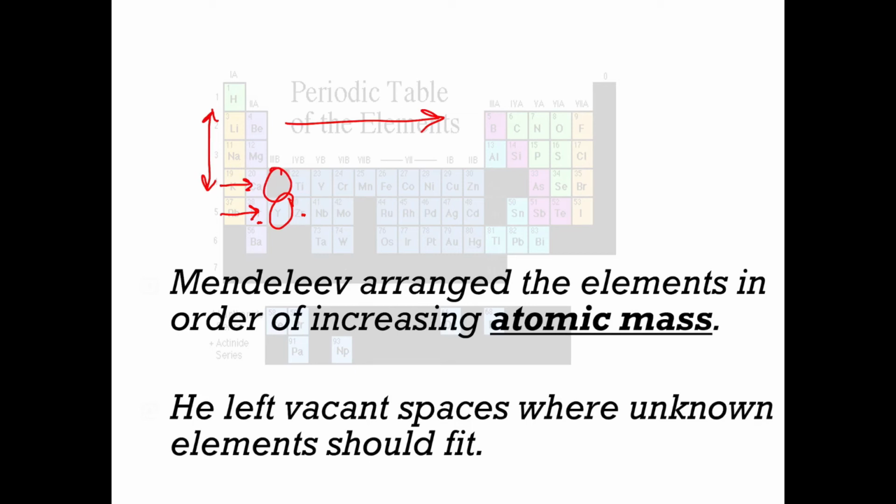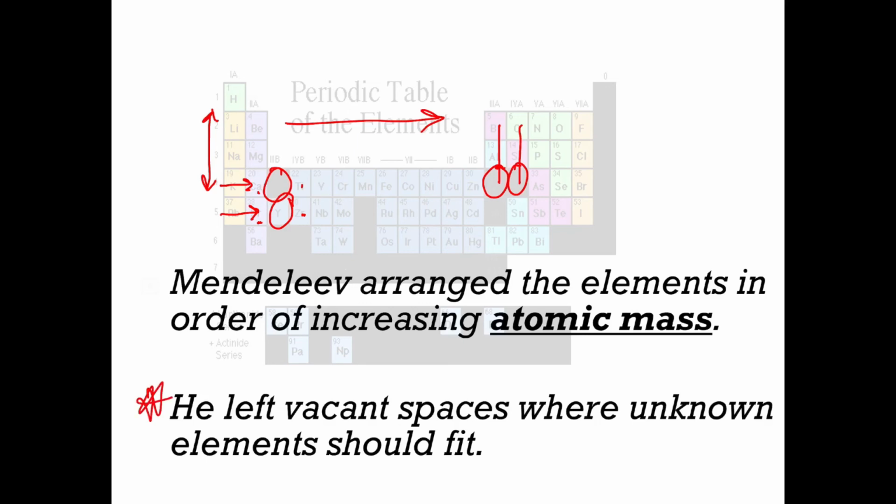There must be something there because it's going to have similar properties to yttrium, but its mass will fall between calcium and titanium. Similarly here, over in these spaces, he said, okay, there should be something with a mass that goes between here because it's got to react like these elements. Okay, so he left these spaces.